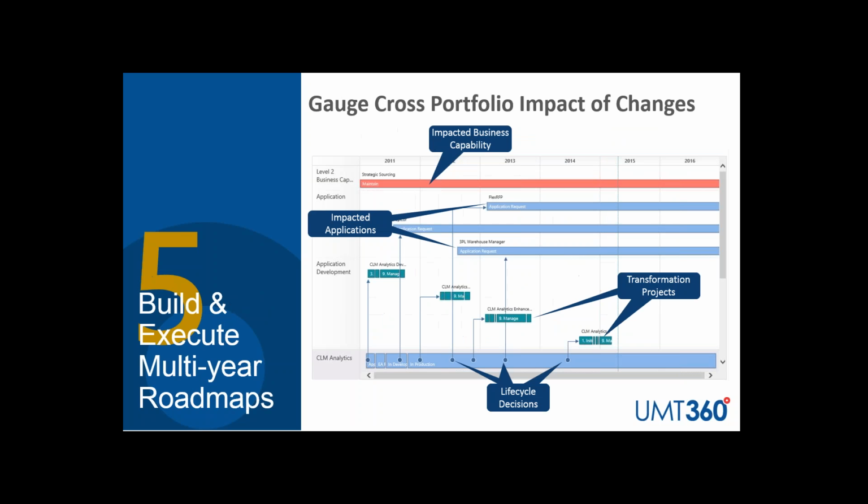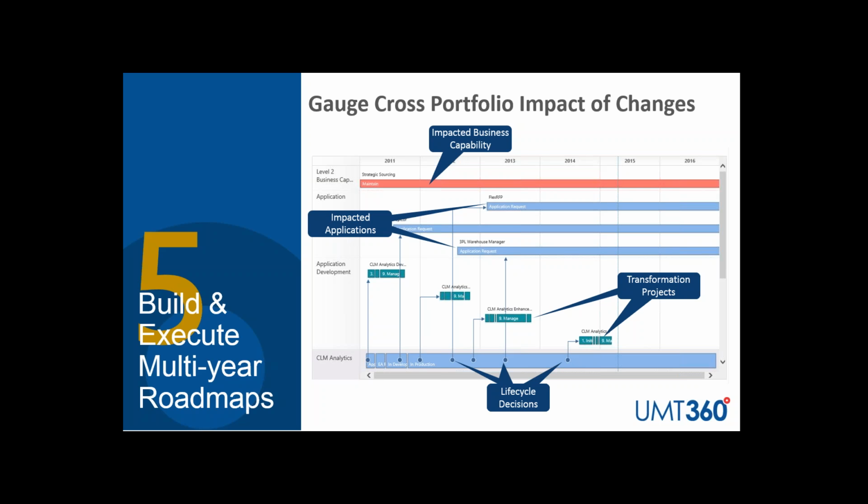Having looked to analyze the application portfolio and make life cycle decisions, being able to record those decisions and ultimately tee them up in portfolio roadmaps is certainly key. In this example, we see an application, CLM Analytics on the bottom. We see key decisions that have been made across its life, and we understand the cross-portfolio impact of those changes.